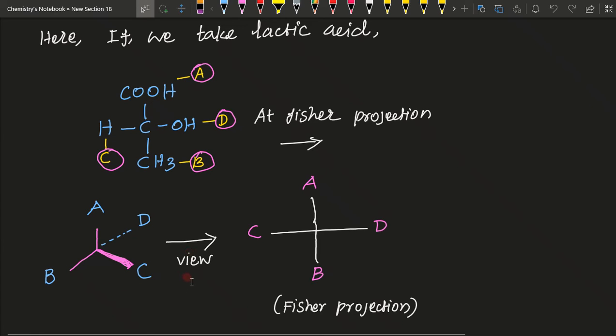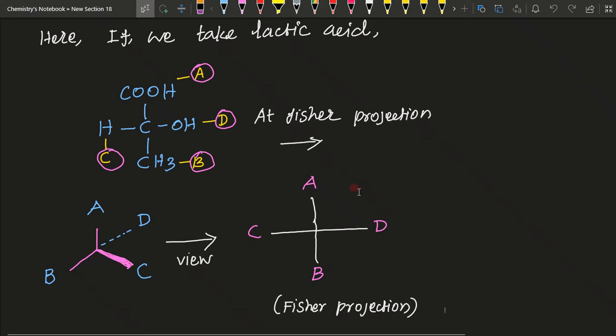So here, observer view, A is the carboxylic acid, B is the methyl group, C is the hydrogen, D is the alcohol.